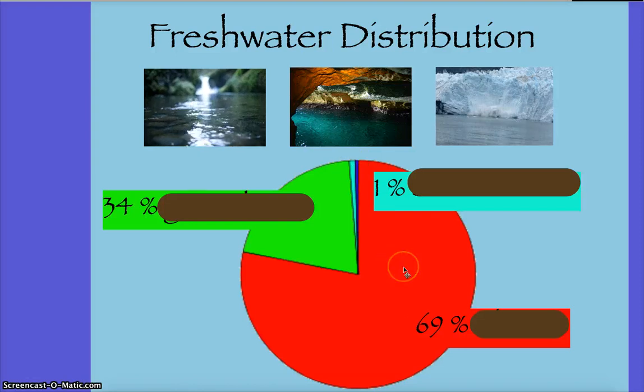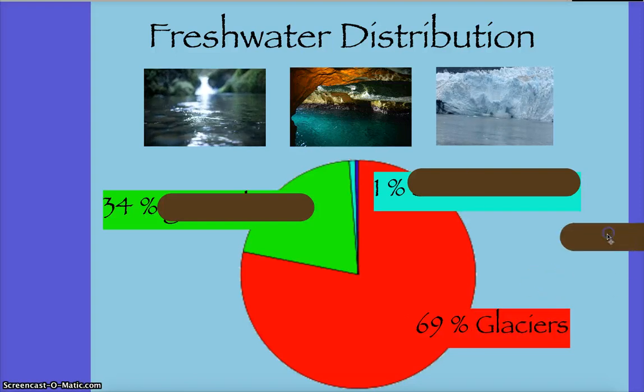So let's start with, where is the majority of water on Earth? No, I mean fresh water. Fresh water. Where is the majority of water on Earth that's fresh? Icebergs. They're trapped.